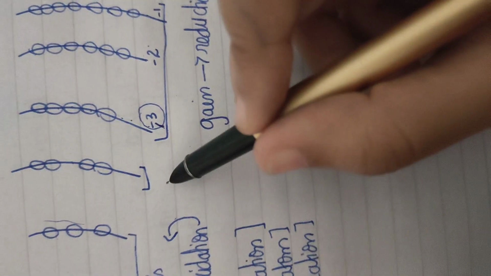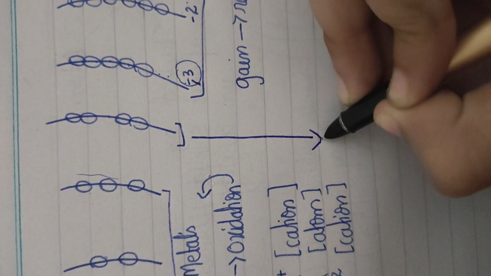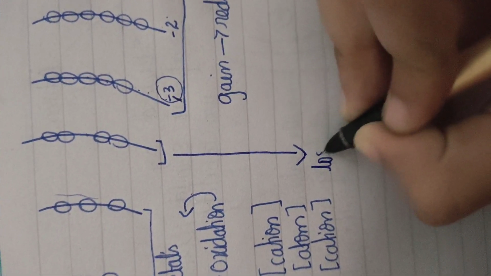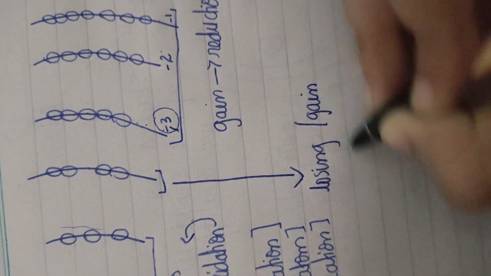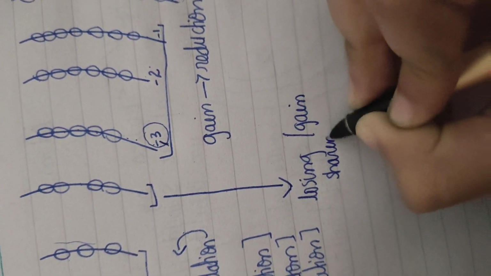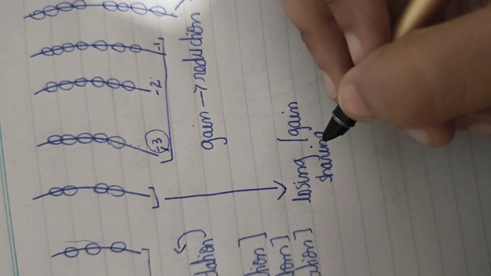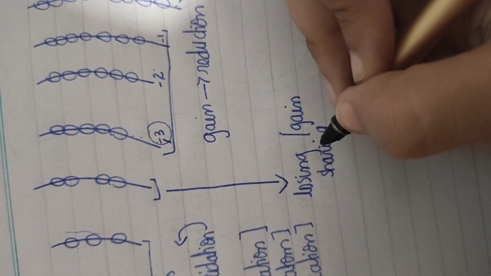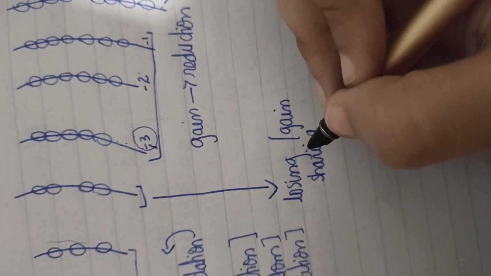And talking about this, the fourth shell will do both losing and gaining, and that will be sharing. The elements that lose and gain electrons can either get a positive charge or sometimes a negative charge.